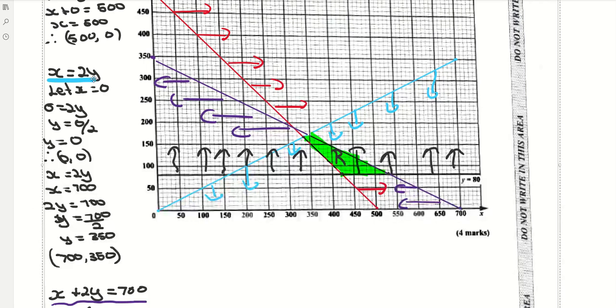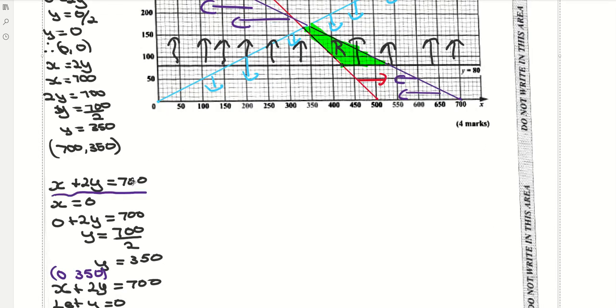You substitute it, so 700 is equal to 2y. So y would be 700 divided by 2, so y is 350. So the coordinate here would be 700, 350. Right, that is this coordinate here. And then you connect that line. I did it in colors so that you guys could see it, right?